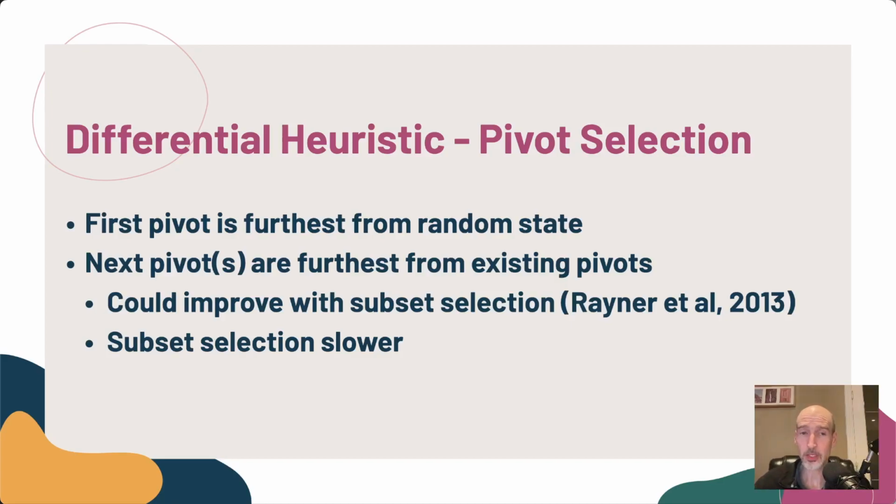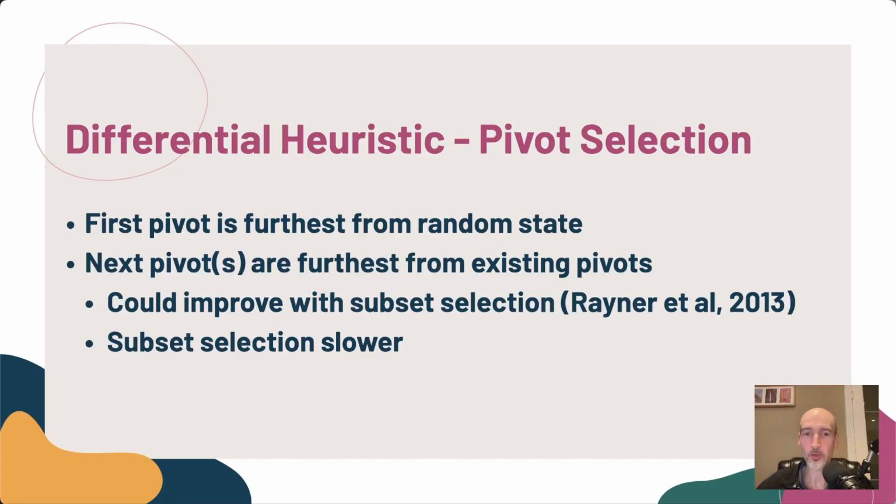For pivot selection, there's a lot of different ways this can be done of different computational cost. The easiest way to do this is to choose a random state, let your first pivot be the state that's farthest from that one, and then successively, your next pivots are simply the state that is farthest from all existing pivots. You can do a better job than this.